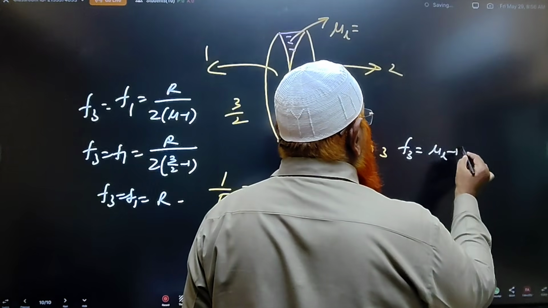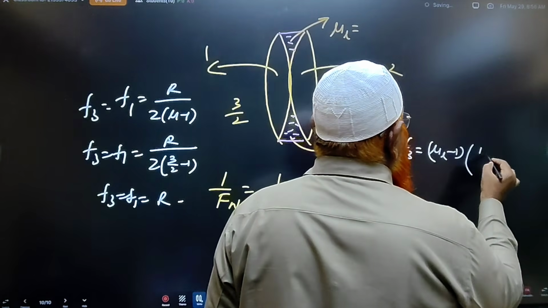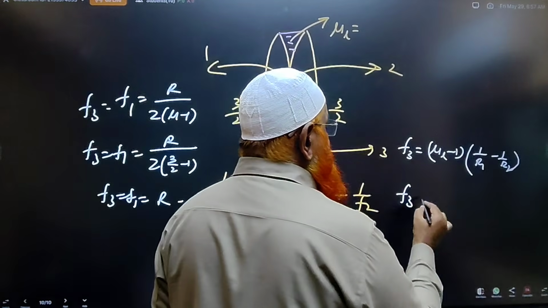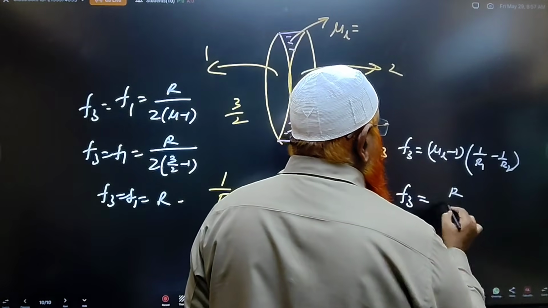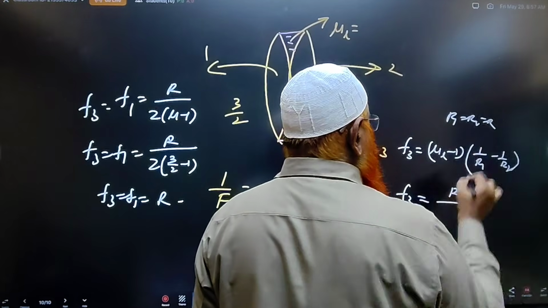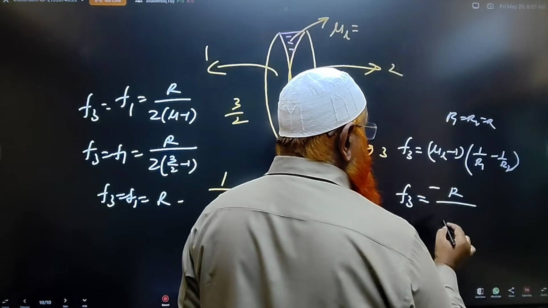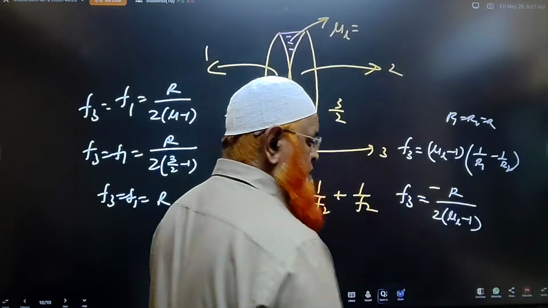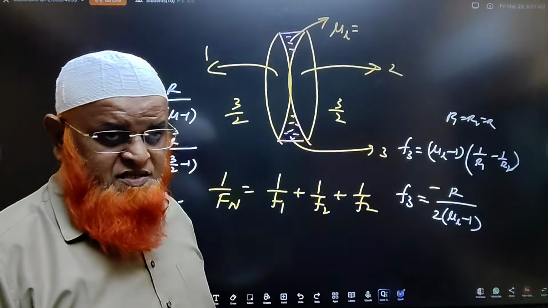Mu of a liquid minus 1 into 1 by R1 minus 1 by R2. By using this formula, equiconcave lens means R1 equal to R2 equal to R. But the thing is, minus, you will get R by 2 into mu of a liquid minus 1. Already I have derived this formula for an equiconcave lens.